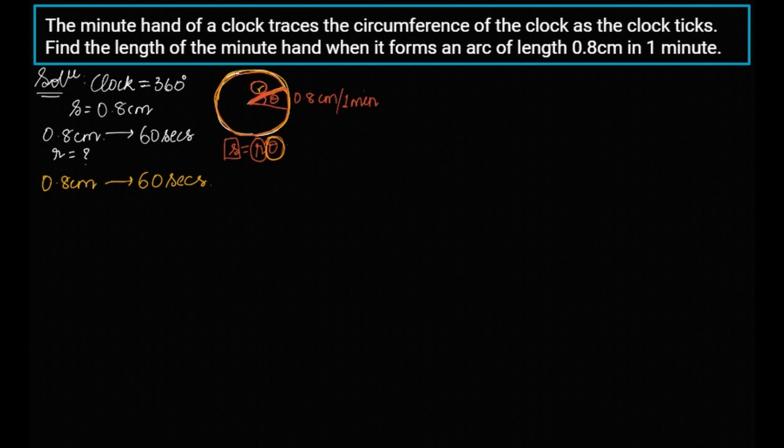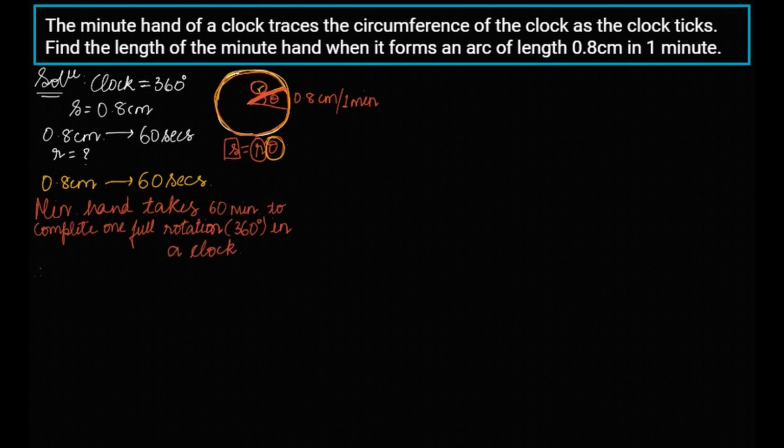Minute hand takes 60 minutes to complete one full rotation, that is 360 degrees in a clock.